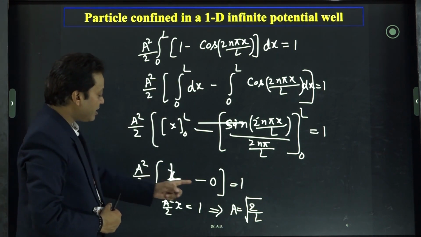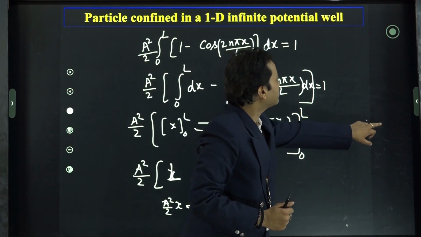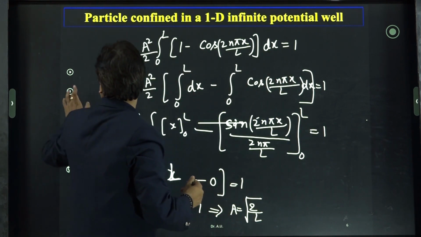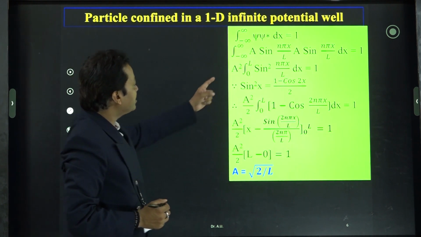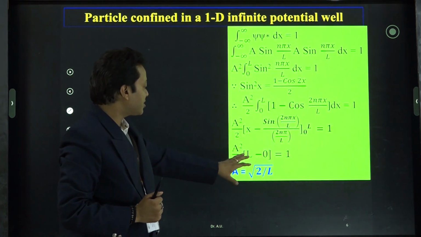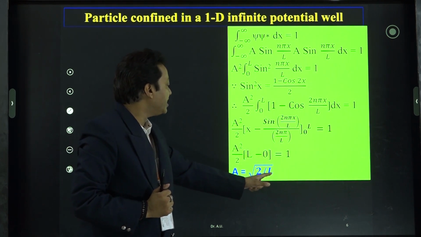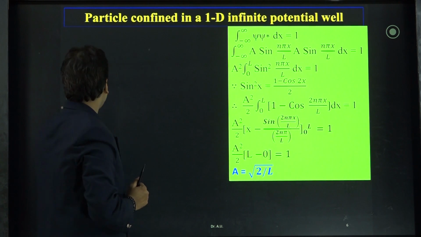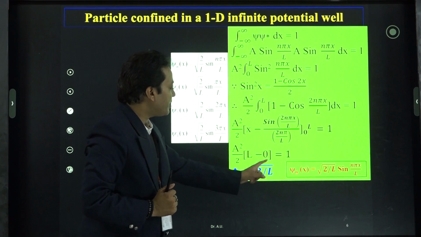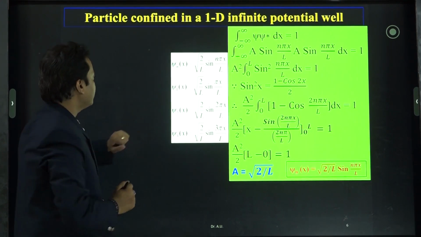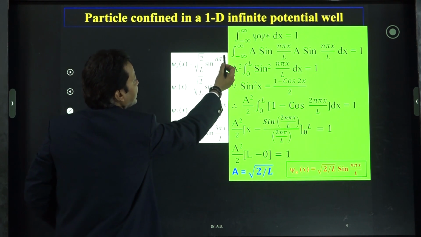So the A value is coming root 2 over L. We have solved this systematically to find out the value of A. If A is root 2 by L, then the wave function psi of x will become root 2 by L sine of n pi x by L.